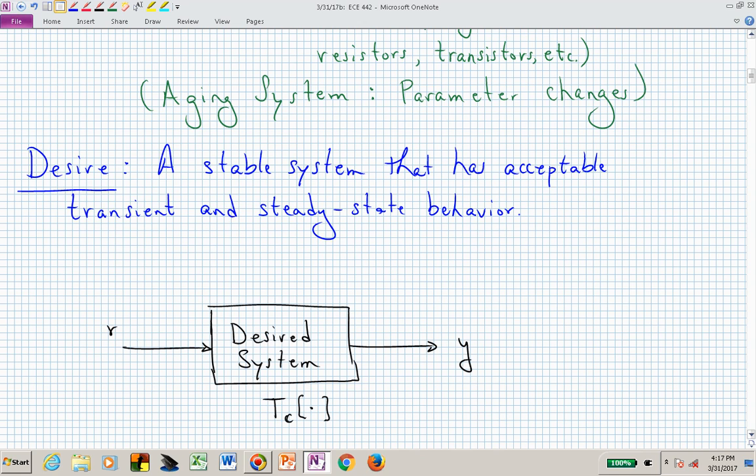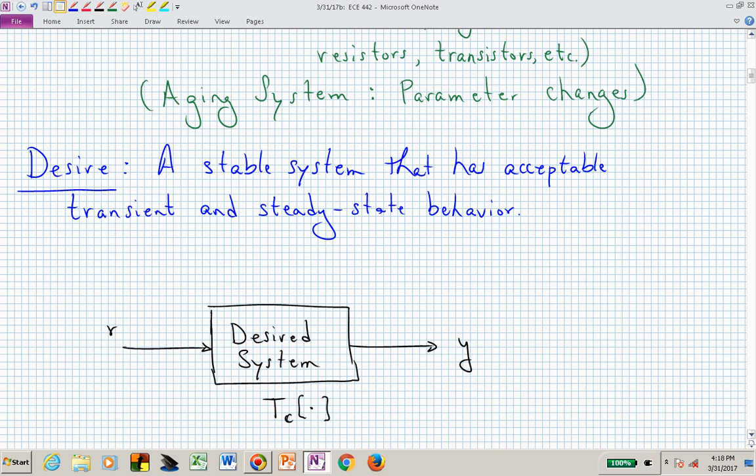And you'll see that as we move through the remainder of this course, those two behaviors, transient behavior and steady state behavior, will be competing, or we may have to balance those two or trade those two behaviors off against each other. We might have a transient behavior specification, and we might have a steady state accuracy specification.